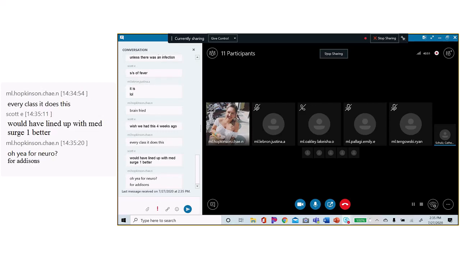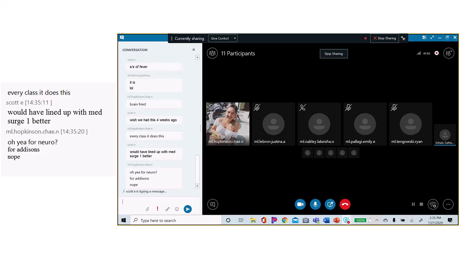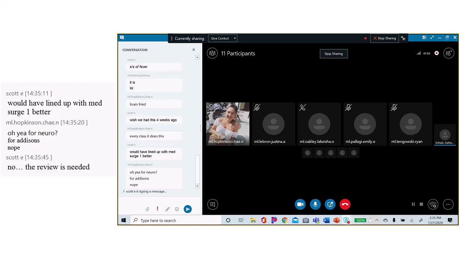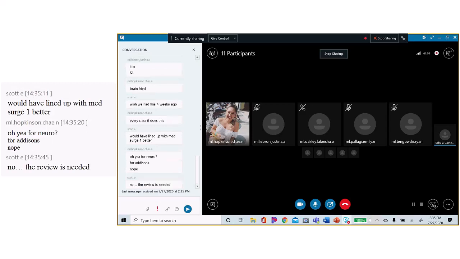I know that you guys did diabetes already, so sorry about that. But then this should be easy for you guys because this hopefully is familiar.